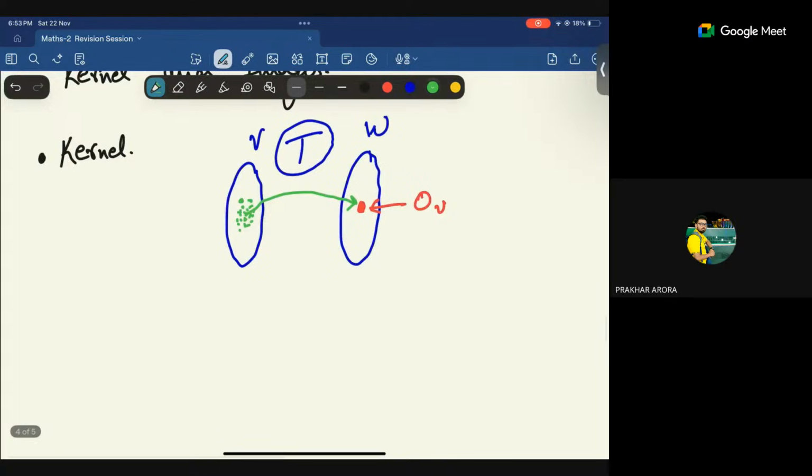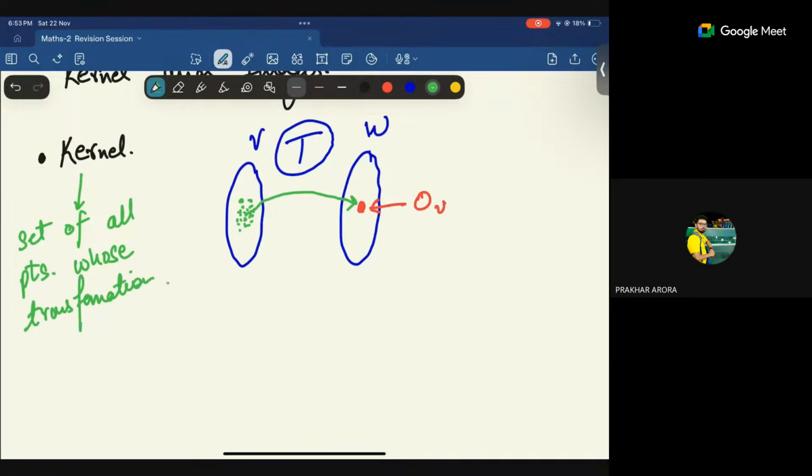Now the kernel is the set of all points whose transformation is the zero vector of the output space.